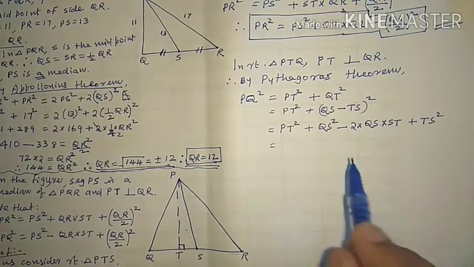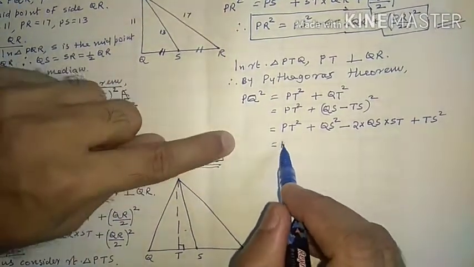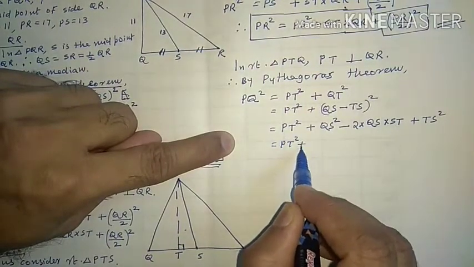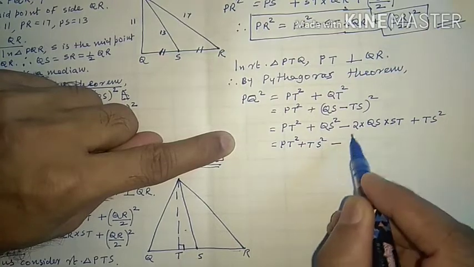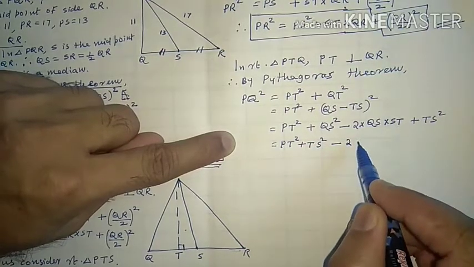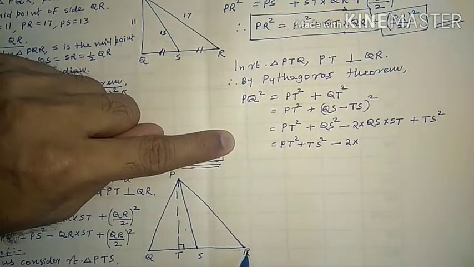PT square plus TS square is PS square. Minus 2 into QS, QS is what? Half of QR.